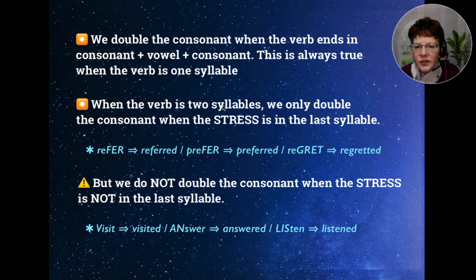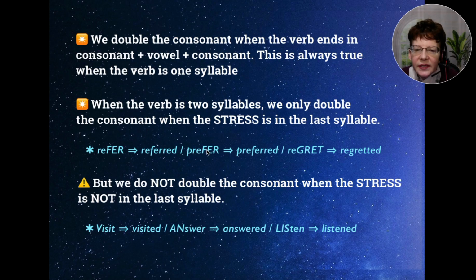When the verb is two syllables, we only double the consonant when the stress is in the last syllable. So here's an example. Refer. So you see fer, the stress is here. So we have referred, we double the R, right? And then we have prefer, sounds the same.